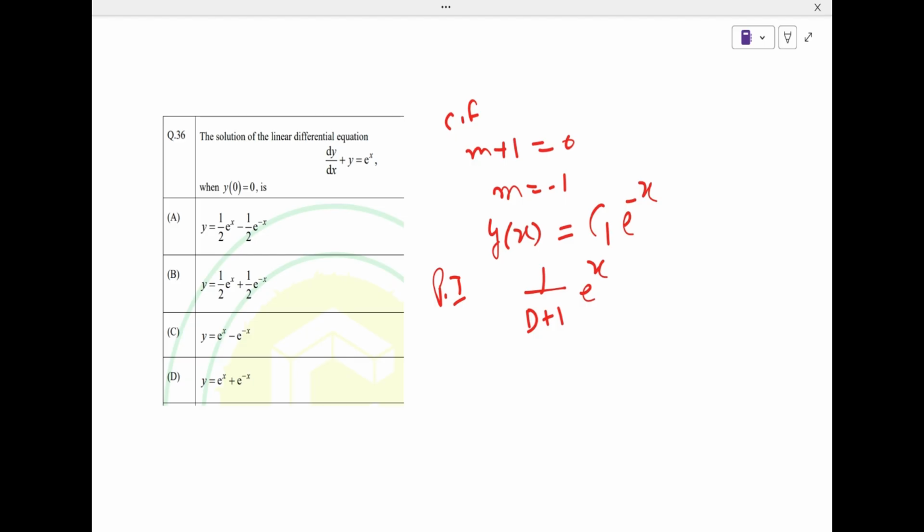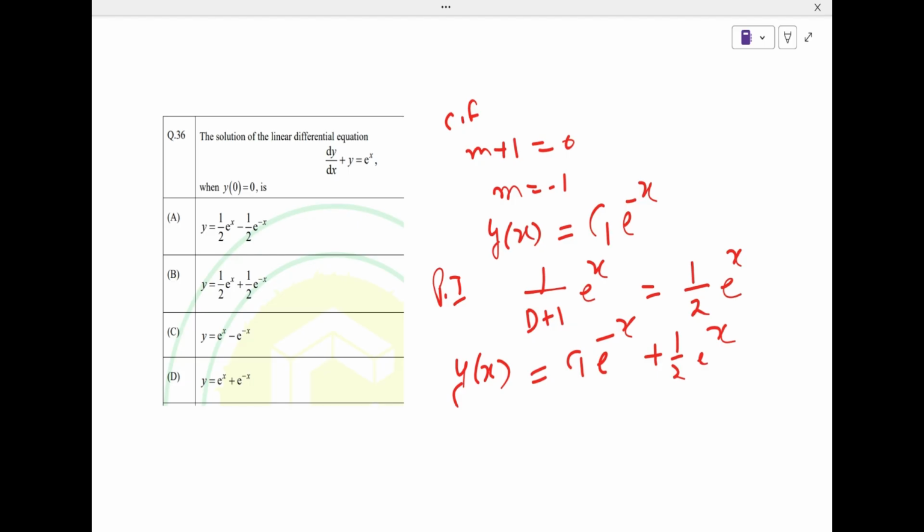The coefficient of x is 1, so 1 by 1 plus 1 is 2, e raised to power x. So your complete solution for y is c1 e raised to power minus x plus 1 by 2 e raised to power x.